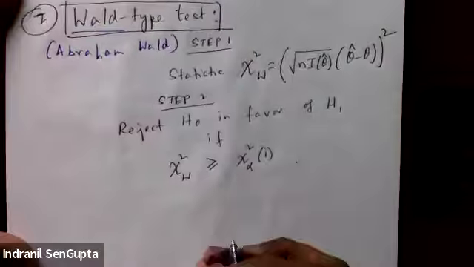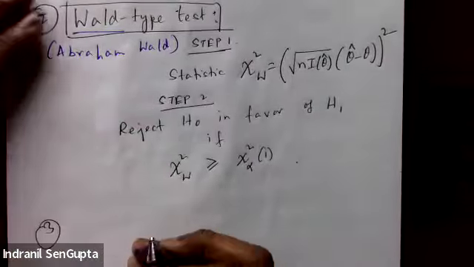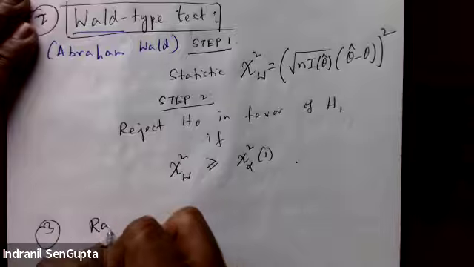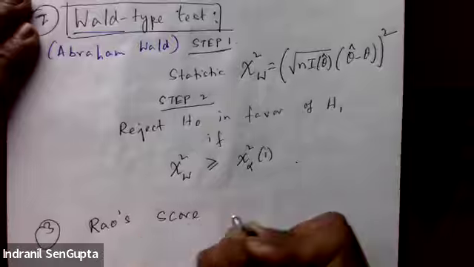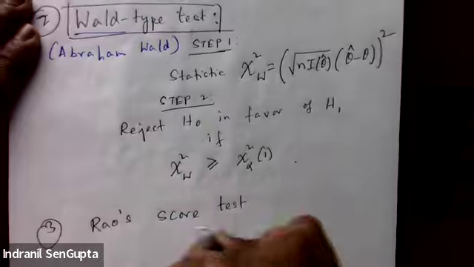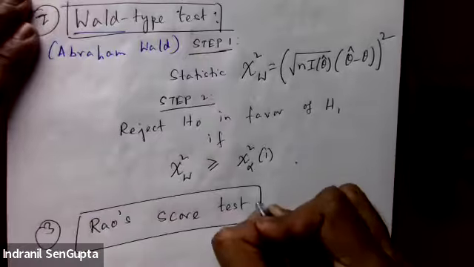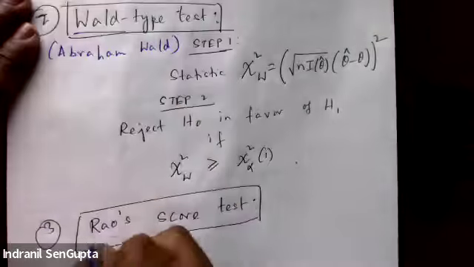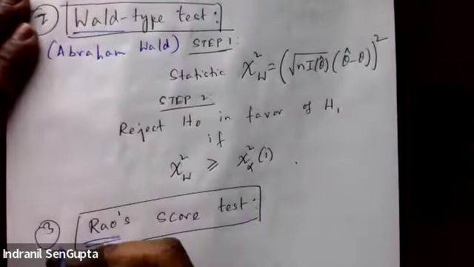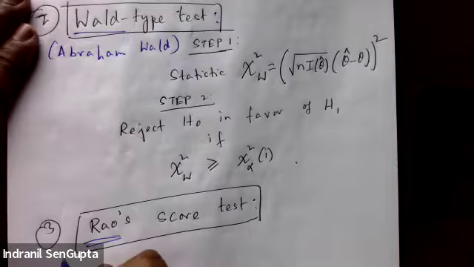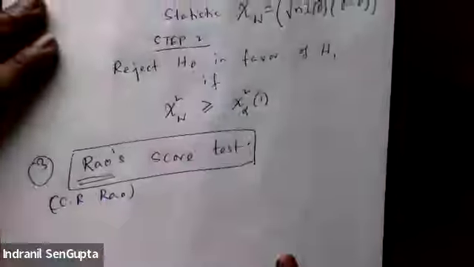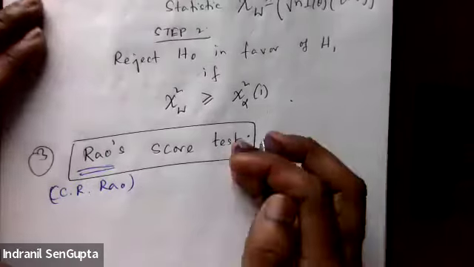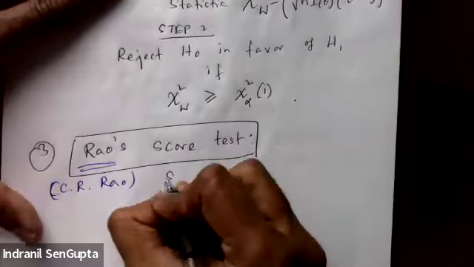And then the third and last test is called Rao's score test. And this Rao is after the famous C.R. Rao. Okay. It goes like this. So step 1.